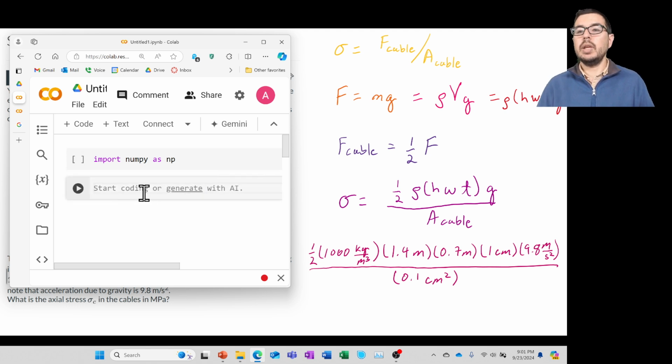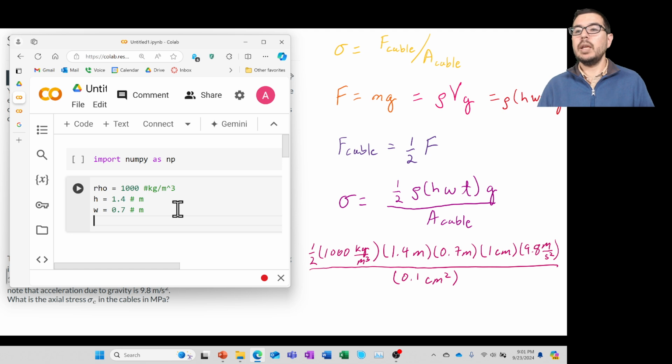We have a density, so we'll call that rho, of 1,000 kilograms per meter cubed. We have a height of the object in question, so that would be 1.4 meters. We have a width, we'll call that W, and that's 0.7 meters.